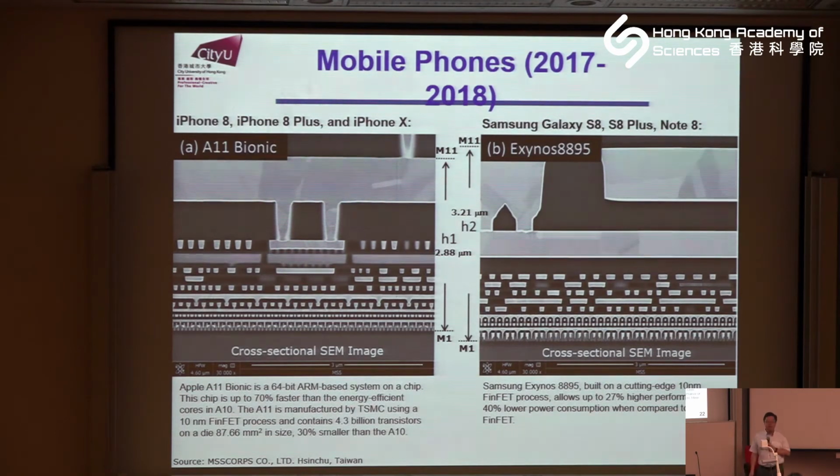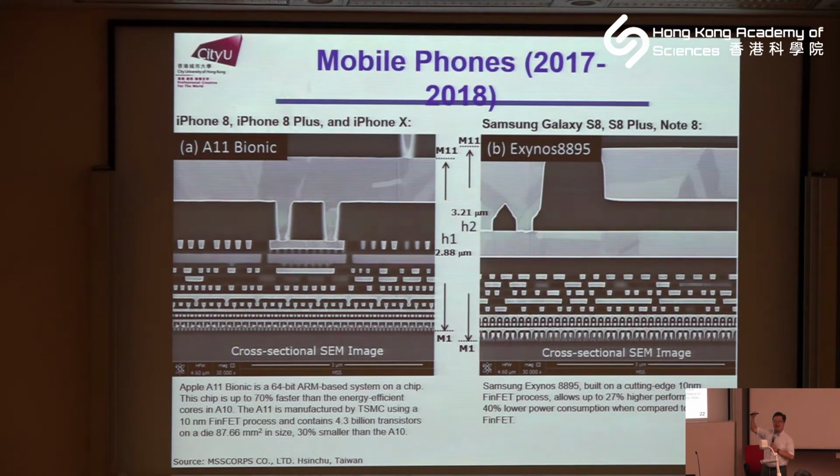And if you dissect these two different CPUs, we can see for Apple, from the bottom layer of metal all the way to the top layer of metal, this is 1 to 11. So as you can see, there are 11 layers of different metals. Okay, you stack 11 layers together, and of course those are not stacked independently.